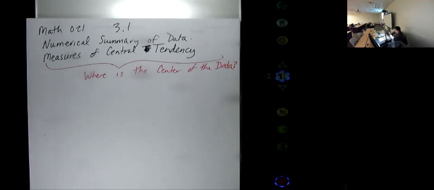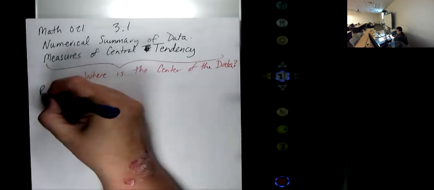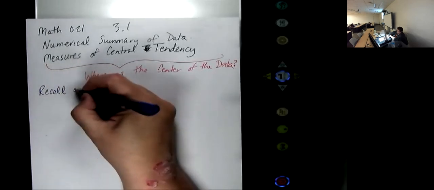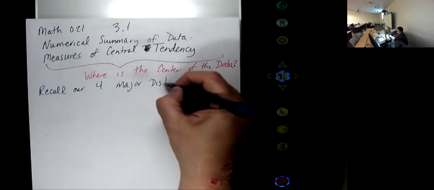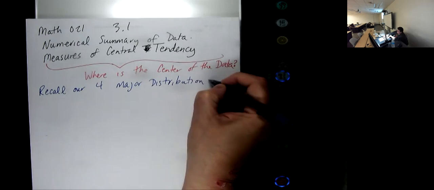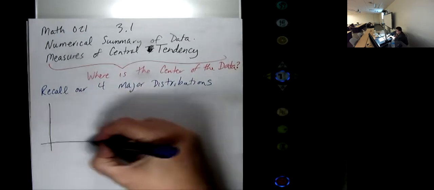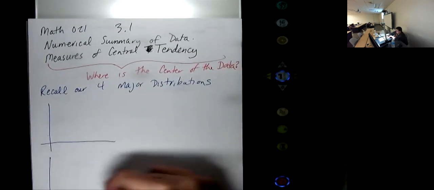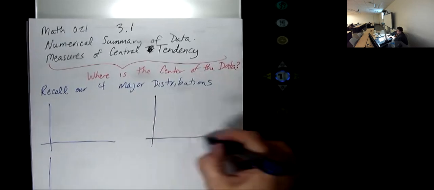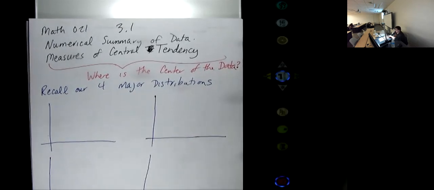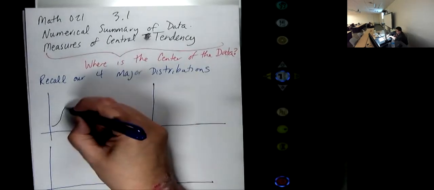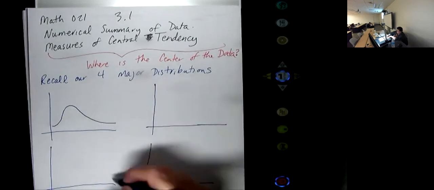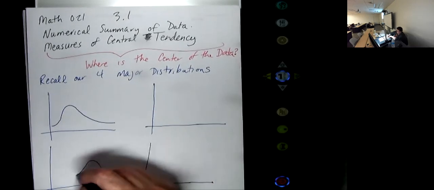So I want you to recall our 4 major distributions that we talked about last week. And I'll redraw them here. 4 graphs. We could either have a hump on the left and a long tail on the right, or a hump on the right and a long tail on the left.